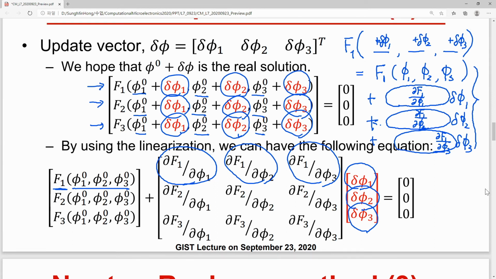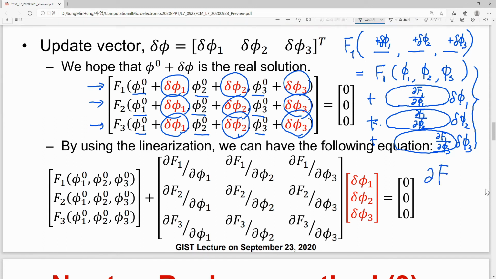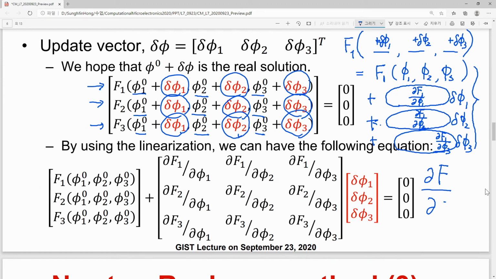So you can easily understand this form is a compact form for representing the linearized version of our f1 function, f2 function, and f3 function. At first glance, it looks quite complicated. However, when we have a look at the matrix, we can find that every component is just given by partial f over partial phi.